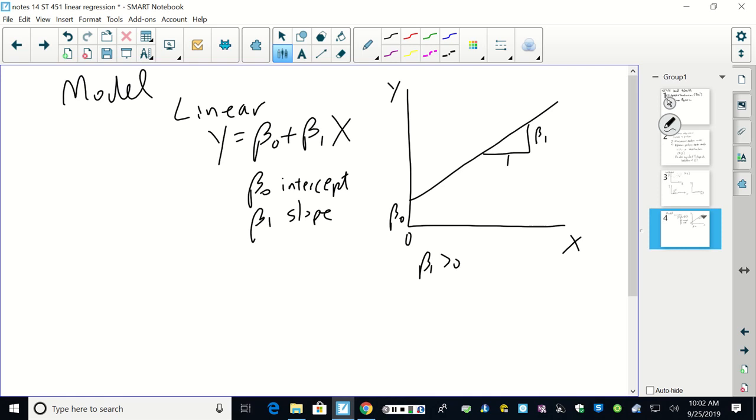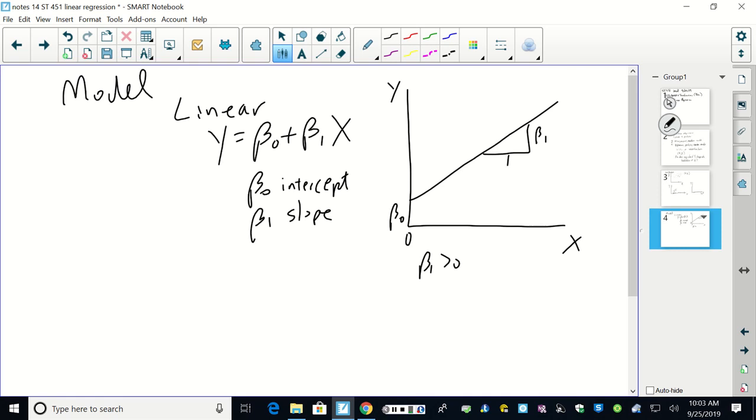In some cases, the units between x and y can be vastly different, and so you can come up with betas, like slopes here, that would be really, really tiny decimals. Sometimes it's better to transform something. If something's expressed in inches, maybe expressing it in feet would be better. If you can make the units of x and y similar, sometimes it works out better that the slope is not such a small decimal.